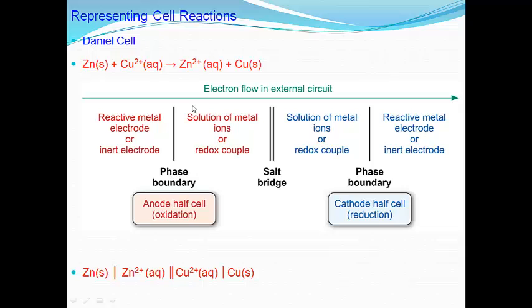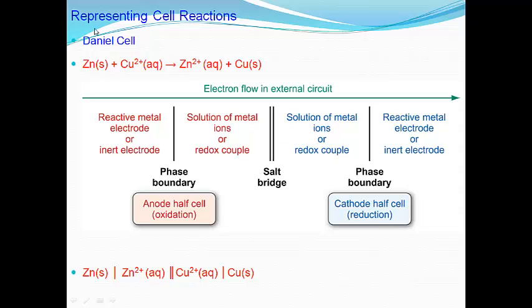Where the left cell is the anode, where oxidation takes place. The right cell is the cathode, where reduction takes place. There is a phase boundary between the metal and the solution, and because oxidation takes place in the anode, we have the movement or the flow of electrons from the anode to the cathode, and both cells are connected by the salt bridge.